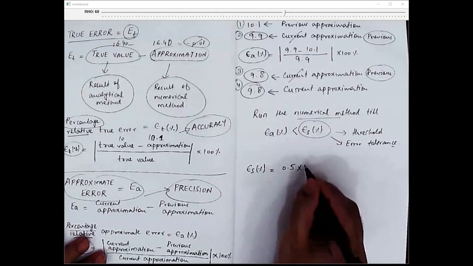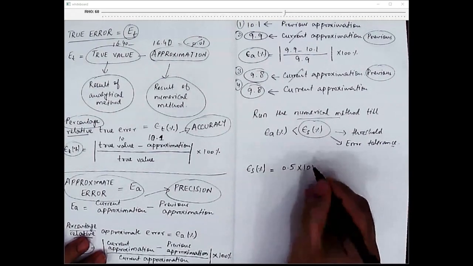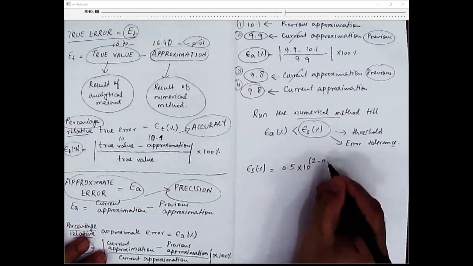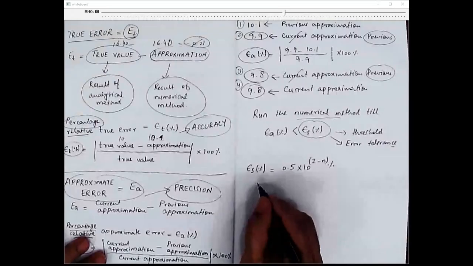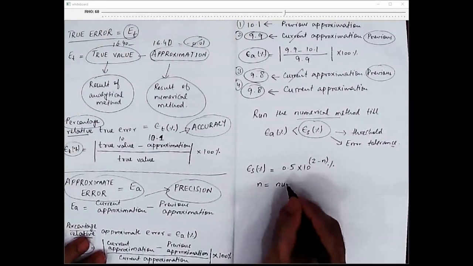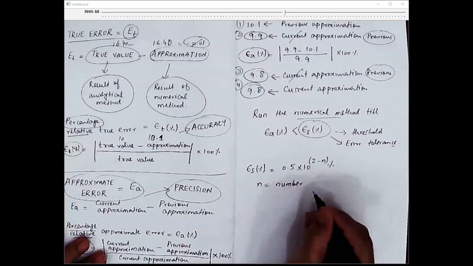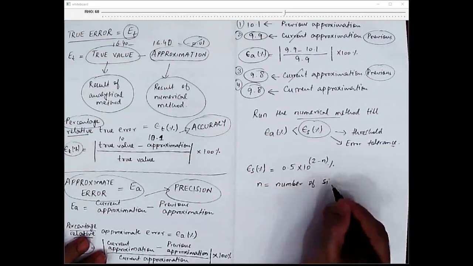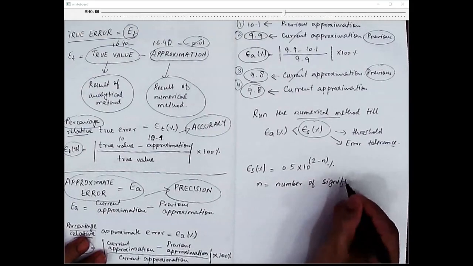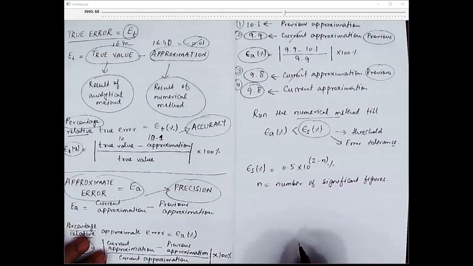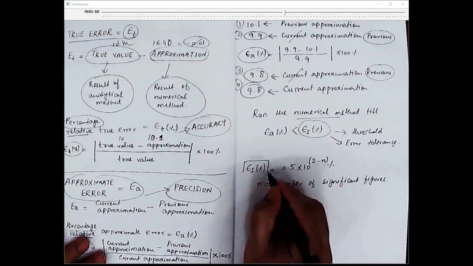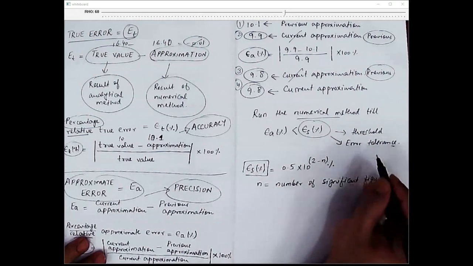This formula is 0.5 into 10 raised to power 2 minus n, in percent. Here n is the number of significant figures, and you can set it here. So you can set the number of significant figures and you can get this threshold value, or error tolerance, automatically.